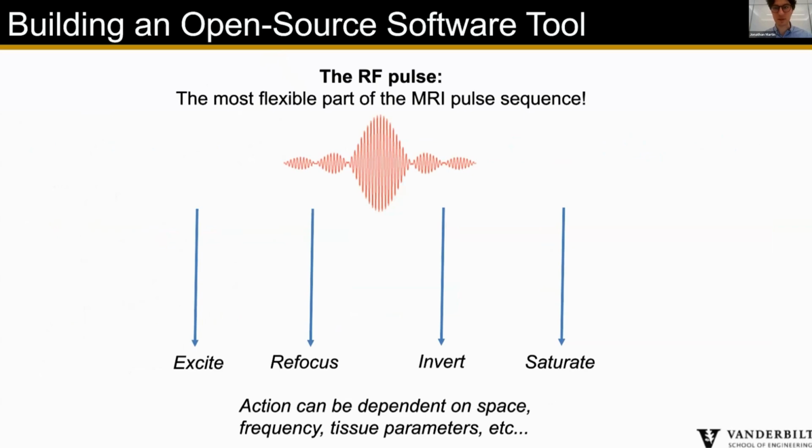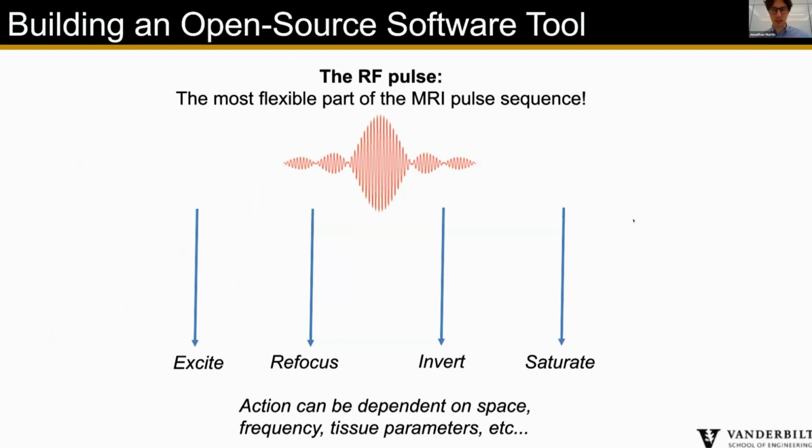I really think it's the most flexible part of the MRI pulse sequence. You use them for excitation of magnetization, focusing, inversion, saturation, etc. And you can tailor their action really nicely to be dependent on space, selective excitation, on the frequency of your spins, and on tissue parameters like relaxation properties, so as to modify the contrast.